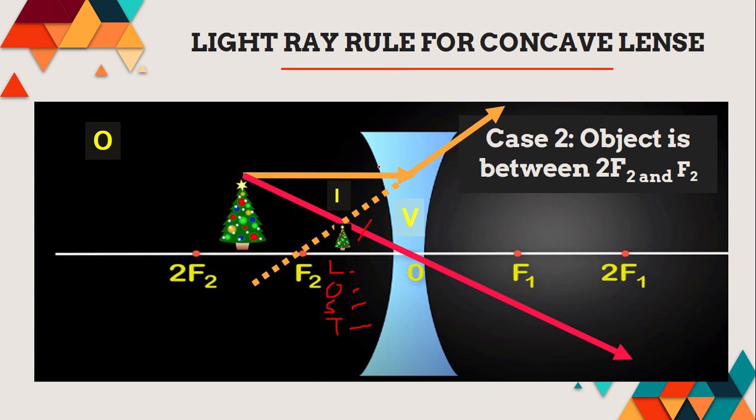It depends upon sa shape or structure ng ating lenses. Diba, meron nga tayong mga plano lenses, yung mga ganon. So, sa mga diverging, meron din tayong mga meniscus, mga negative meniscus, yan. So, it depends pa din.